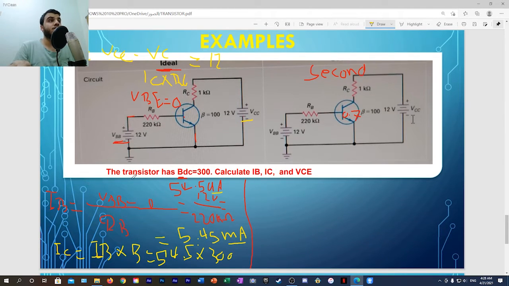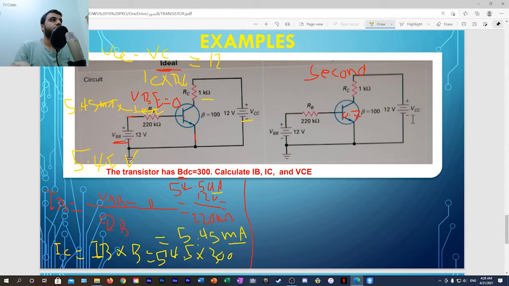What's IC? We actually found it here, 5.45 milli multiplied by RC, 1 kilo ohm. So kilo will go with milli because 10 to the power minus 3 and 10 to the power 3 go together. The answer will be 5.45 volt.